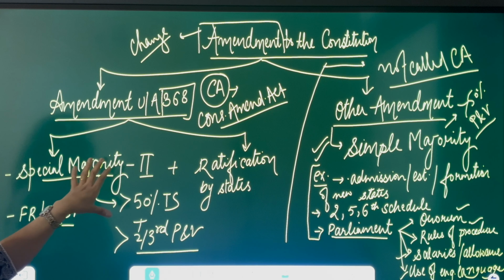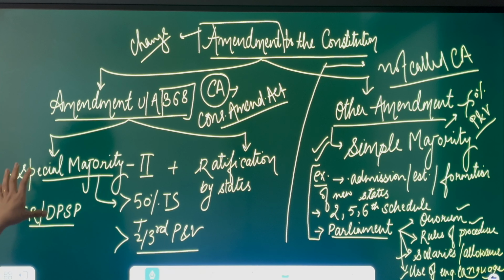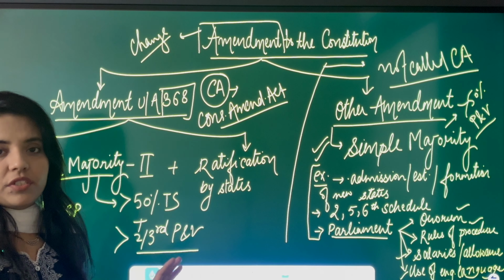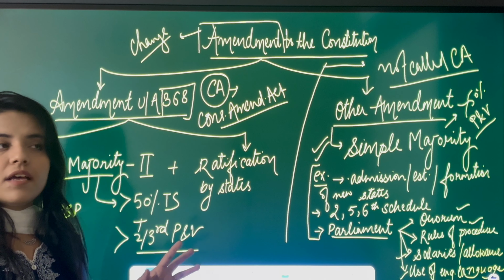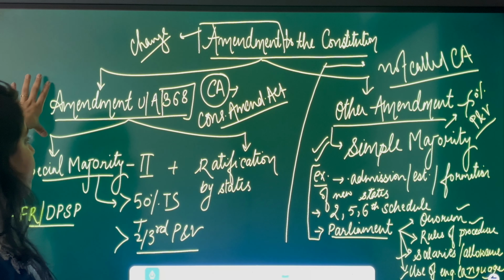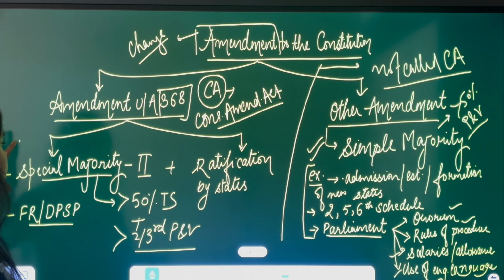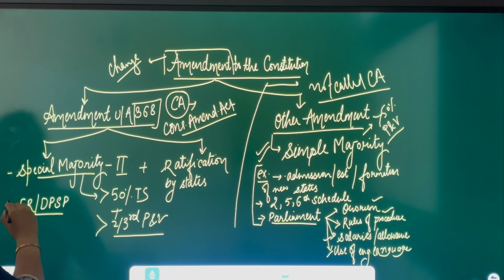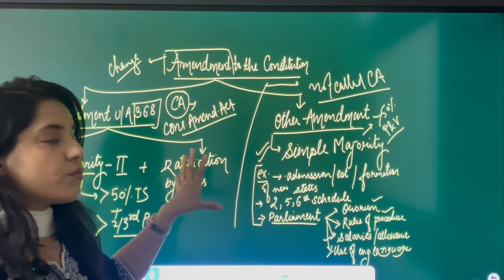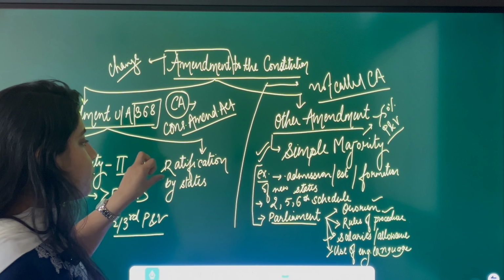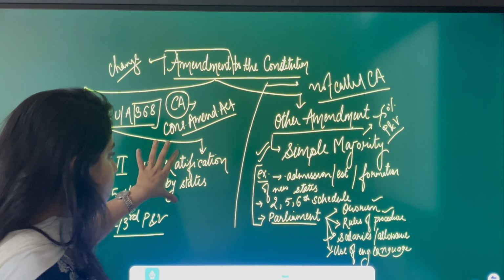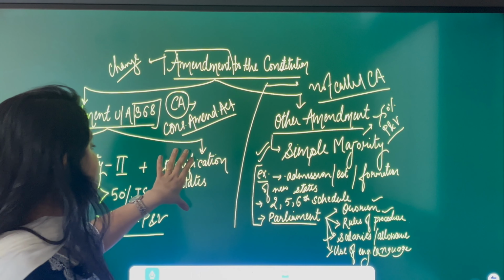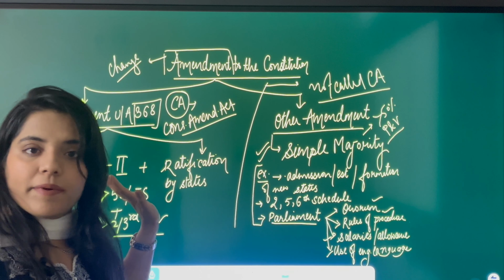Now this type of majority is required. Majority of the provisions in the Constitution of India are amended by this particular type of amendment, that is special majority type 2, right? It also includes your fundamental rights and DPSP and any other provision which is not mentioned here, that we'll discuss soon, will be amended by special majority.